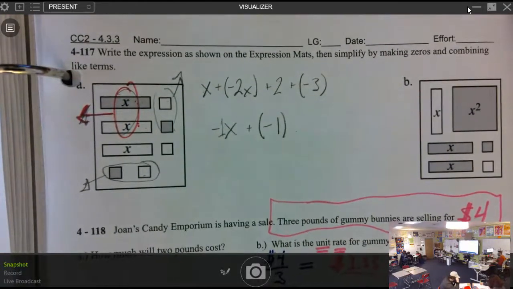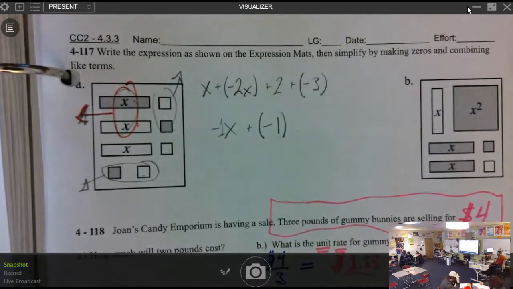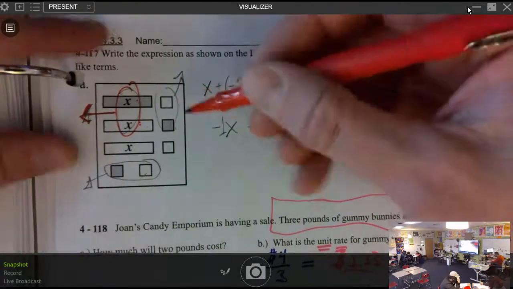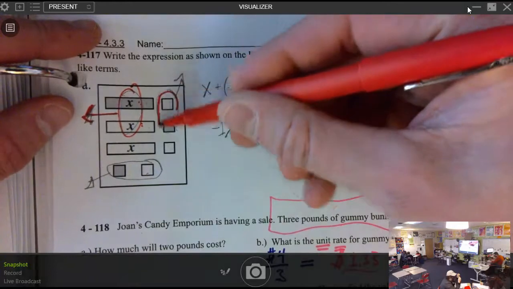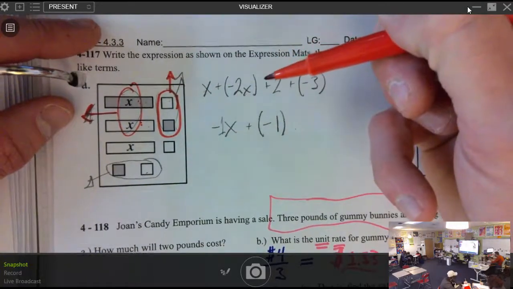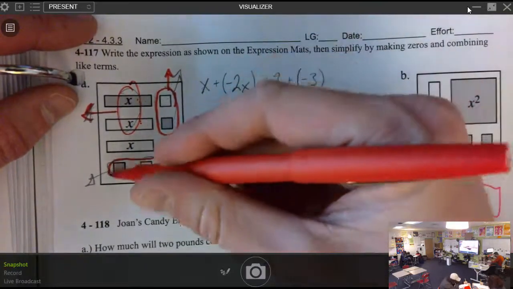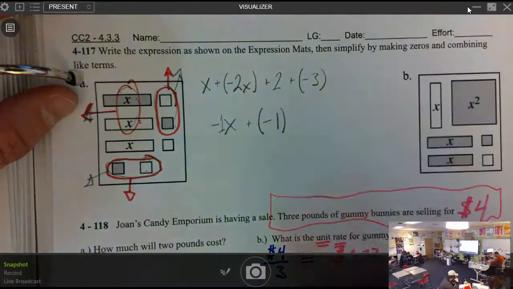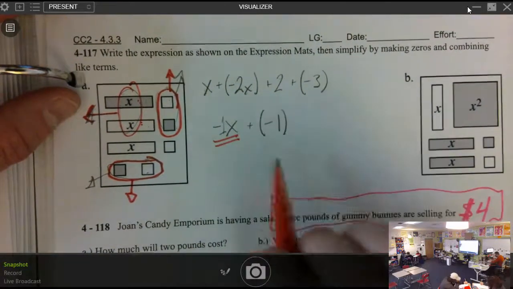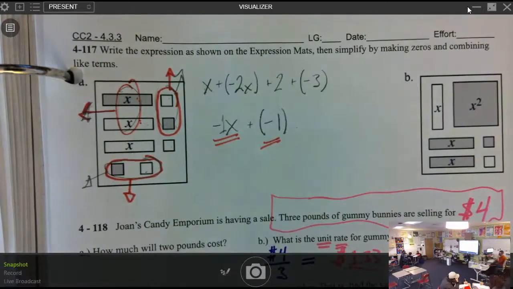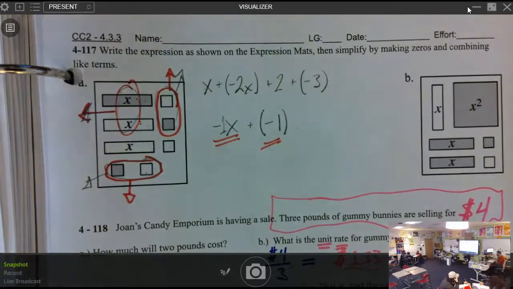Shaded's positive. We coded that. Actually, we forgot to code that on our expression mat, so we're going to do that today. I realized in the afternoon. So then, a -1 and a +1 can also zero pair out. This +1 and -1 can zero pair out. And we're left with -1x and -1 because they're the not shaded, making them the negative.